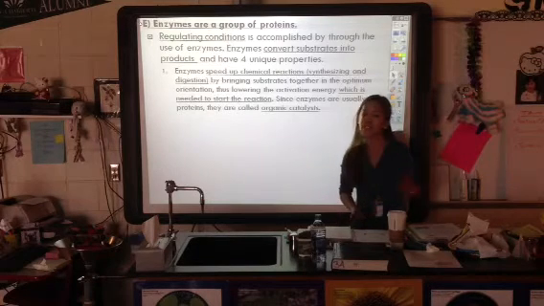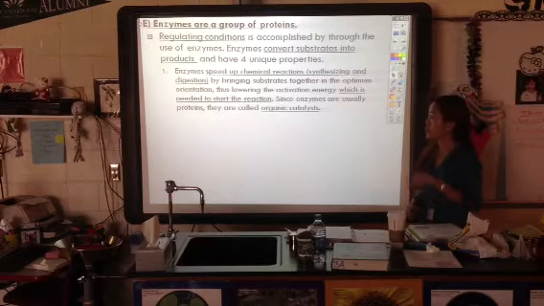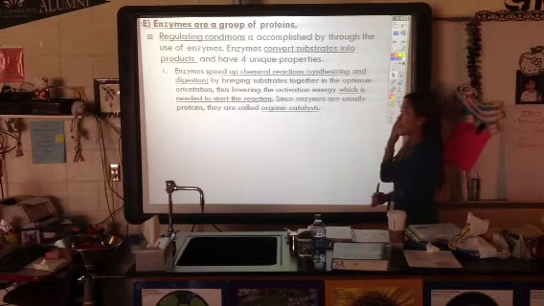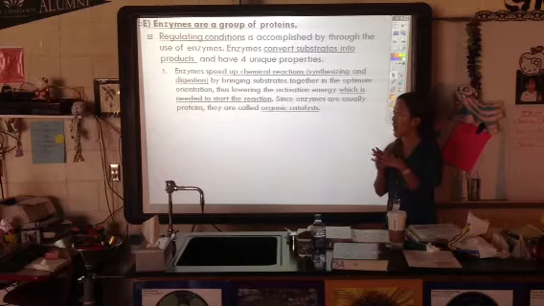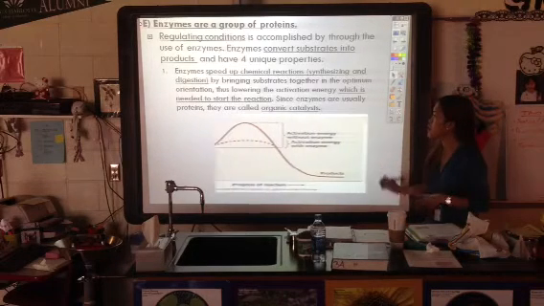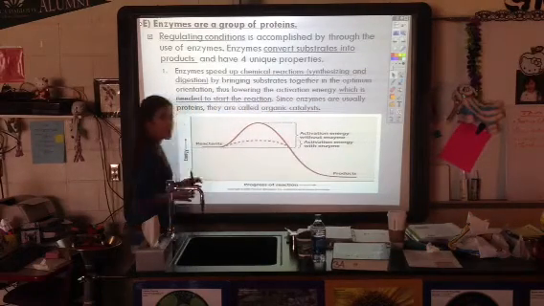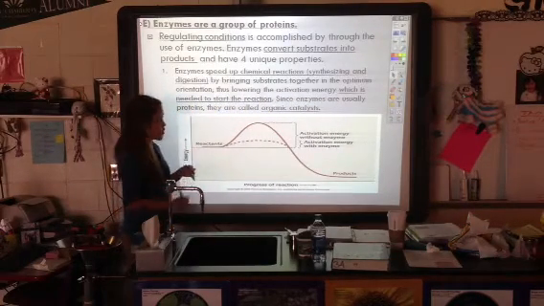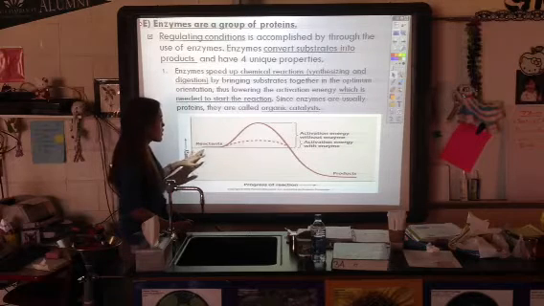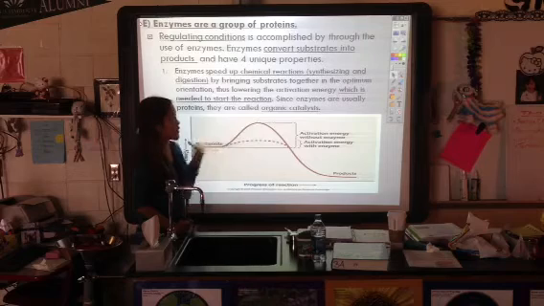The first is that they speed up chemical reactions, or the rate of those chemical reactions, by bringing those substrates together in the optimum orientation. So what that means is that when they're bringing together those substrates, those molecules that are being worked on, they will actually lower the amount of energy needed to get that reaction going.